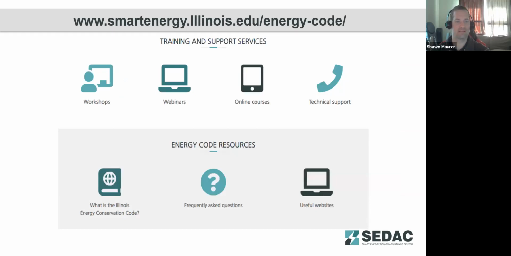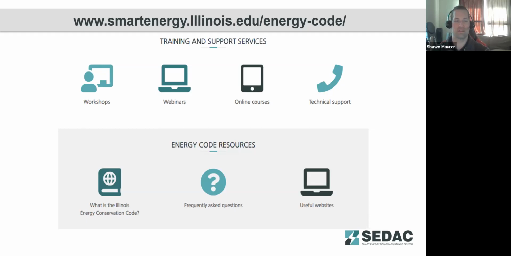We also have links to all our past workshops and past webinars, and we have self-paced online courses for Energy Code that are geared towards entry level, so homeowners, people just getting started in the Energy Code, but can be a good refresher for people that have been working in the Energy Code for a while. Again, those are self-paced webinars.